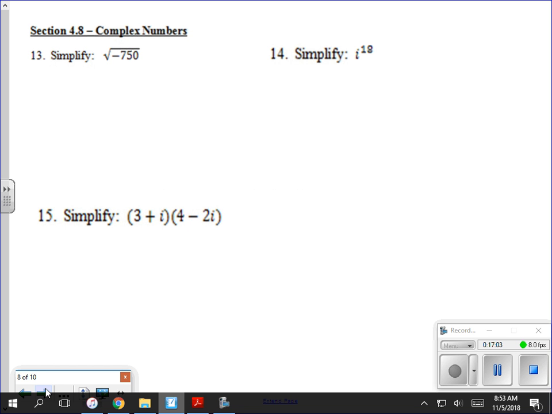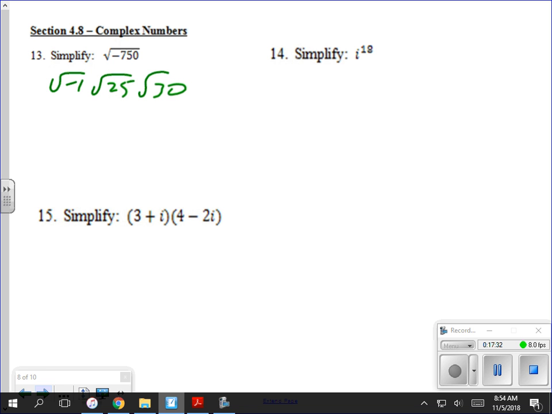Complex numbers. Simplify them out. Okay, let's see. 750 divided by 25 is 30. And 30 is... 4 doesn't go into 30. Nope. Okay. So I end up with the square root of negative 1, square root of 25, square root of 30.